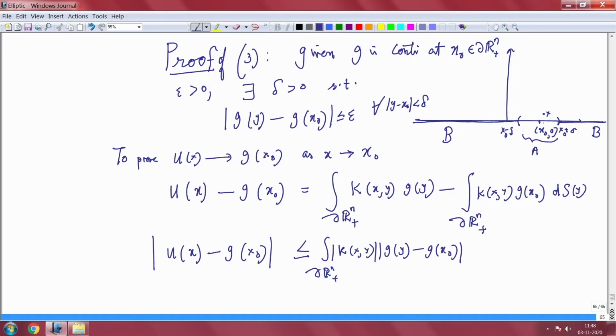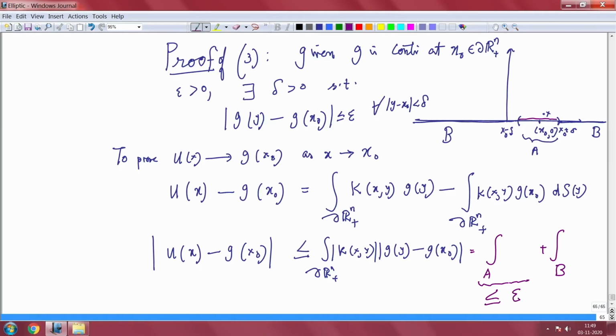On A, in this neighborhood, it is bounded and the integral of k is 1. So, I can split this into the integral over A plus the integral over B, and this is small, this is less than or equal to epsilon, because modulus of g y minus g x naught is less than or equal to epsilon, and the other integral is equal to 1.